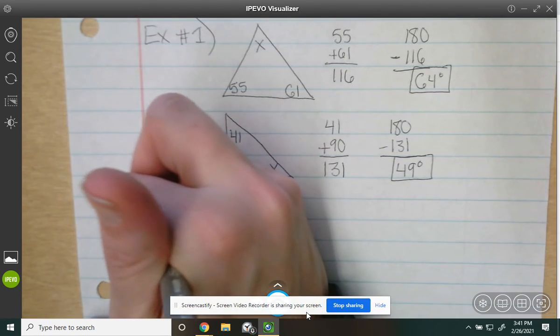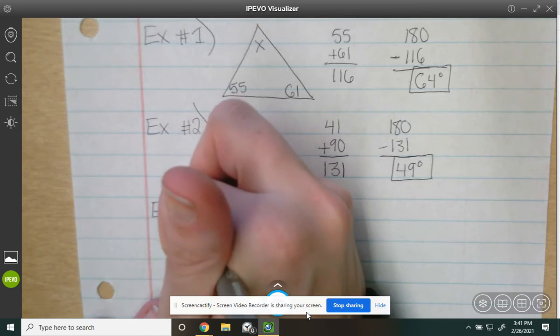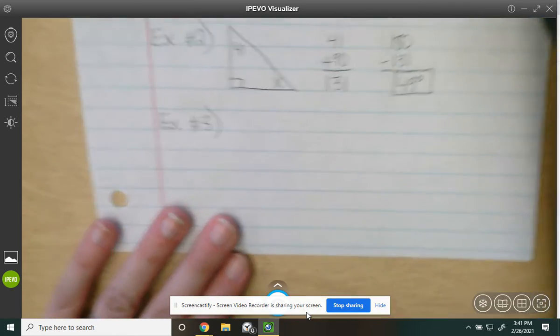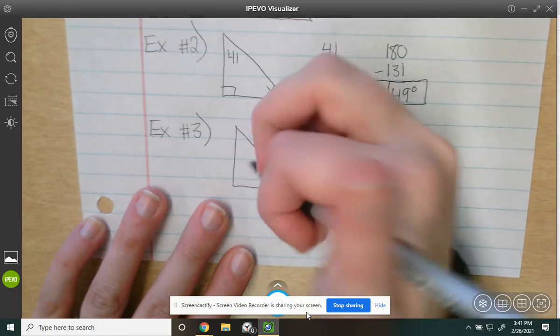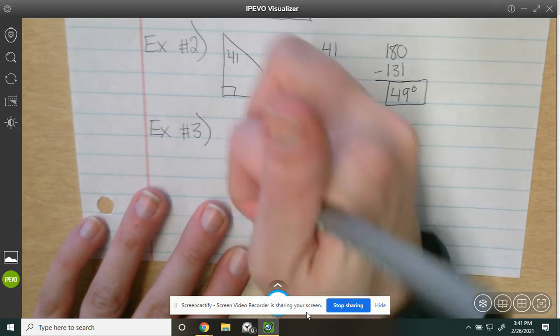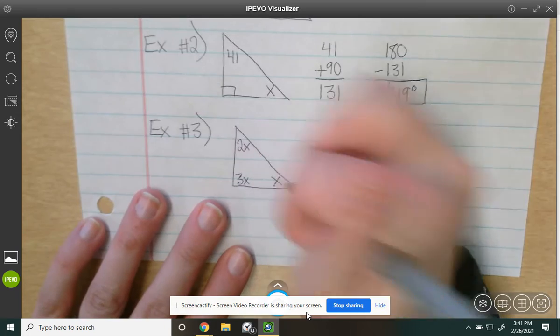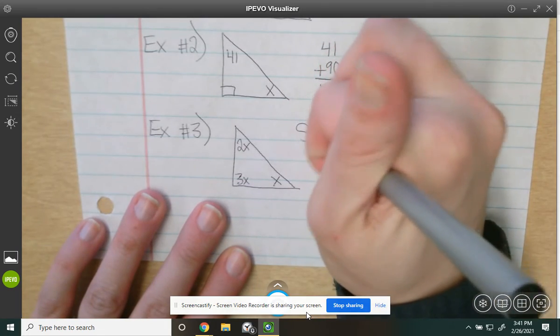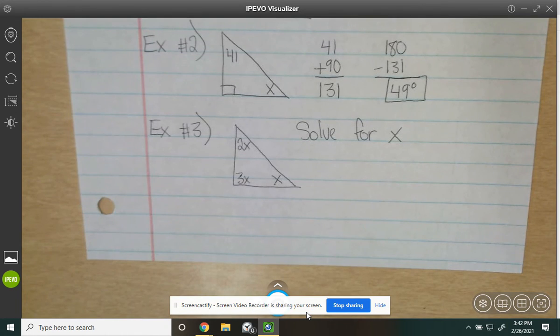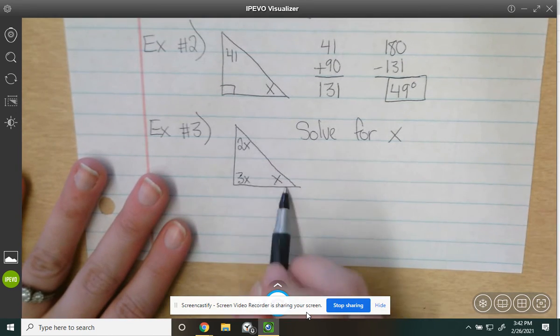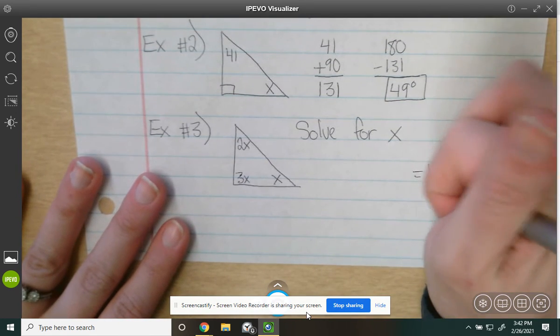Okay, last example here. We're going to throw some algebra in since that stuff is so easy. We've got 3x, 2x, and x. We are going to solve for x. Okay, I know all three angles in a triangle add up to be 180.